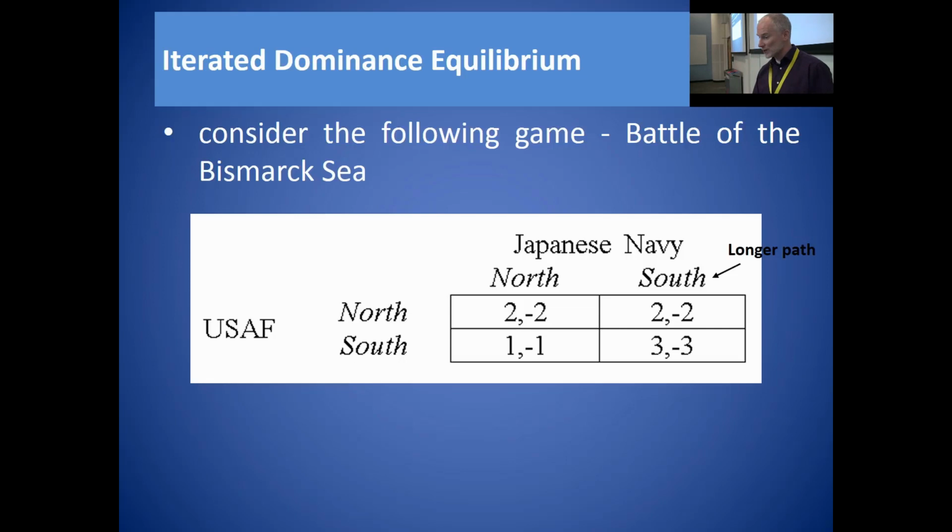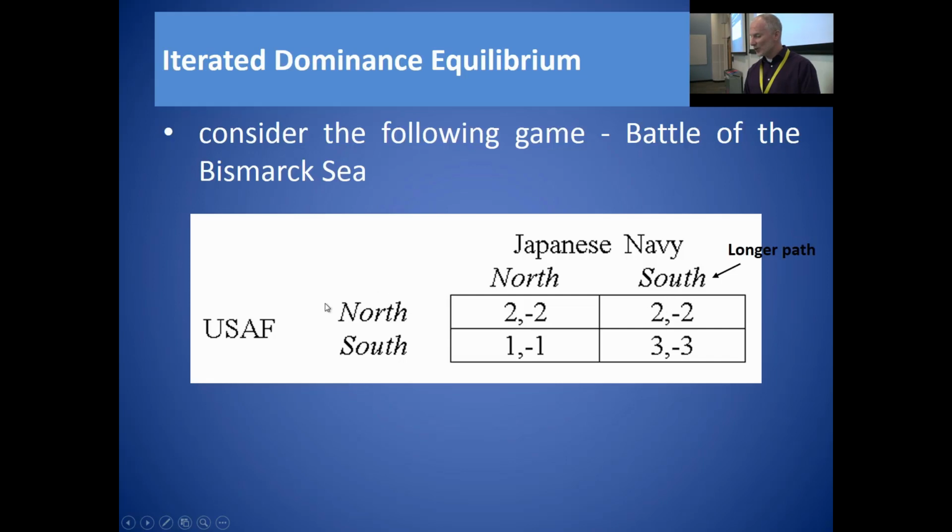For example, I'll just take a very, very quick one. If the Japanese Navy went north, what would the US Air Force do? Would they go north or south? They would go north, because they would get a payoff of 2, as opposed to a payoff of 1. But what would happen, though, if the Japanese Navy went south?